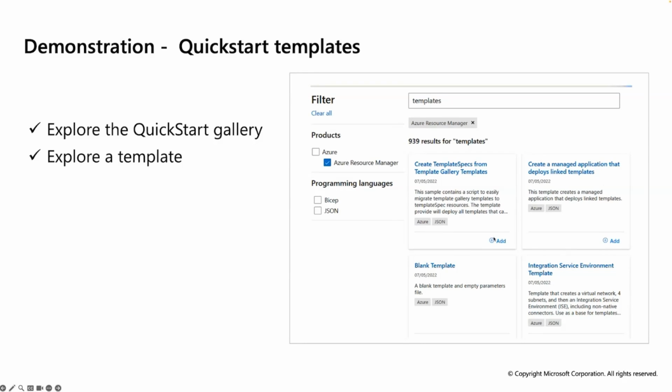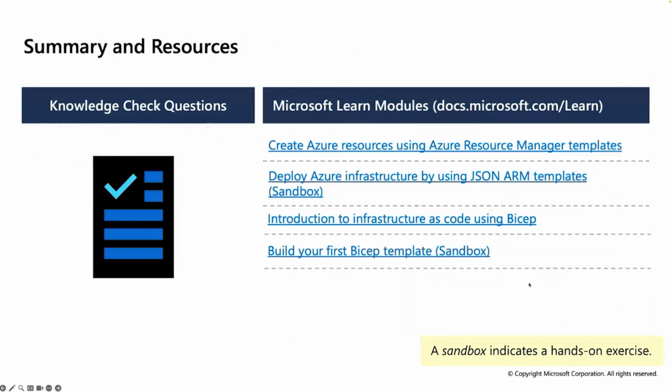You can just click on the Add button, and it will spin up all the necessary things you need for kickstart purposes. There are a number of Microsoft Learn modules, which we recommend you take offline as homework and learn about.